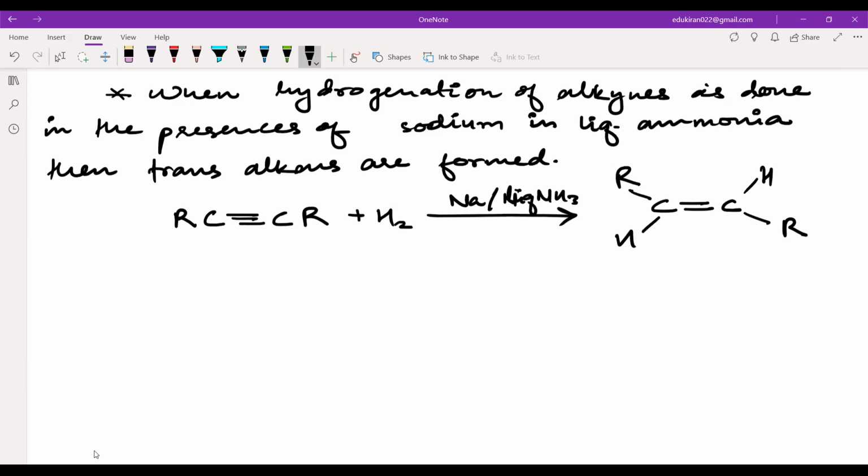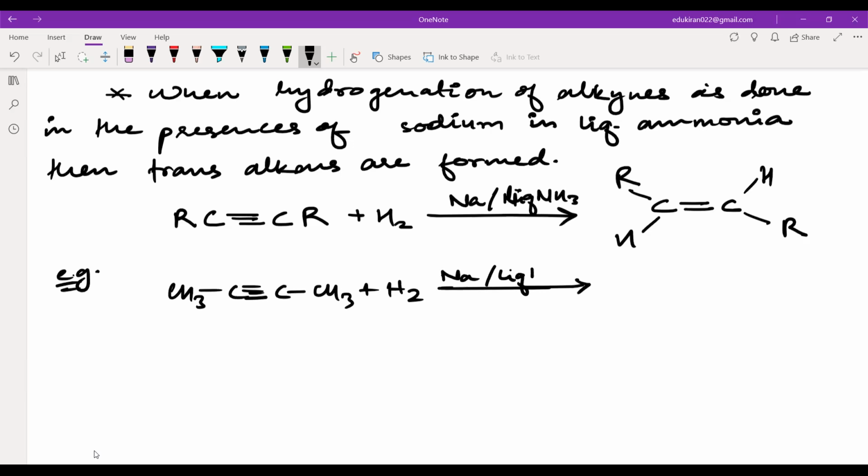From examples you can write CH3, C triple bond C, CH3, plus H2, sodium in liquid ammonia. It is going to give you CH3 double bond, hydrogen here, CH3, the trans form.